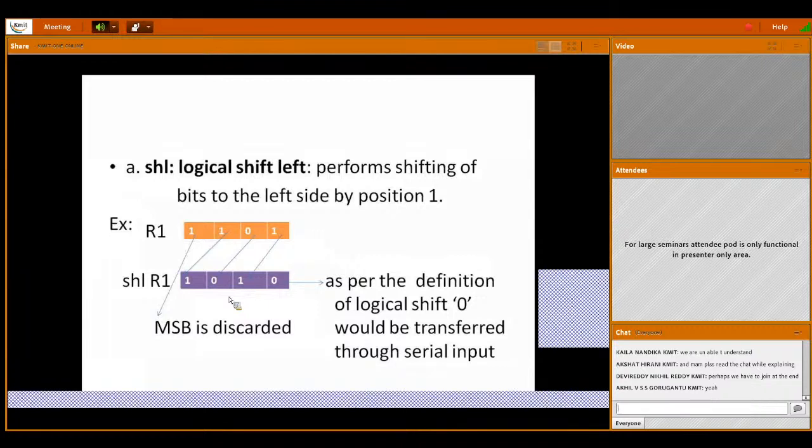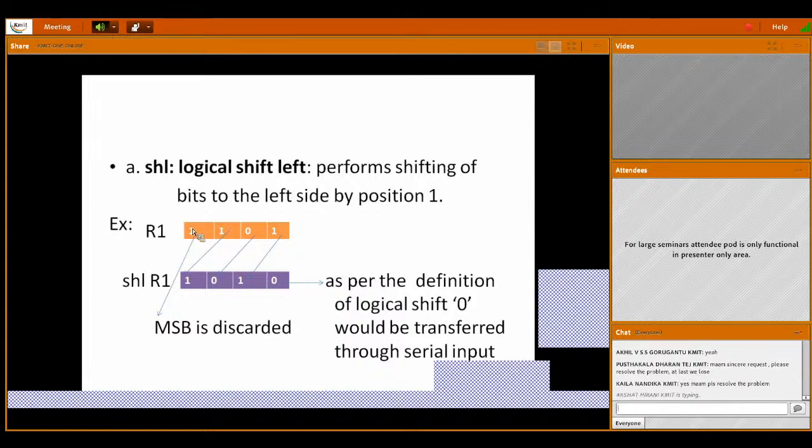see how you will perform this logical shift to the left. The bits of the register are transferred to the left side one by one. This is your LSB bit, the least significant bit, and the last bit of the register is known as the most significant bit.